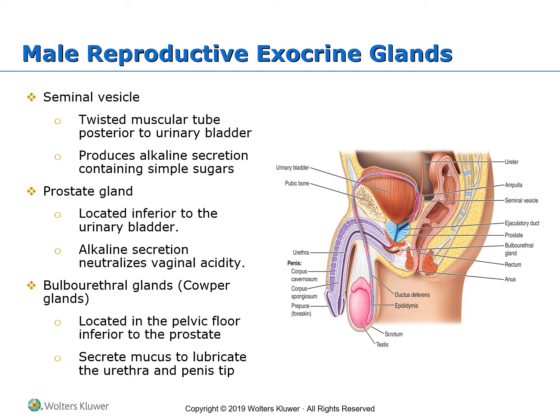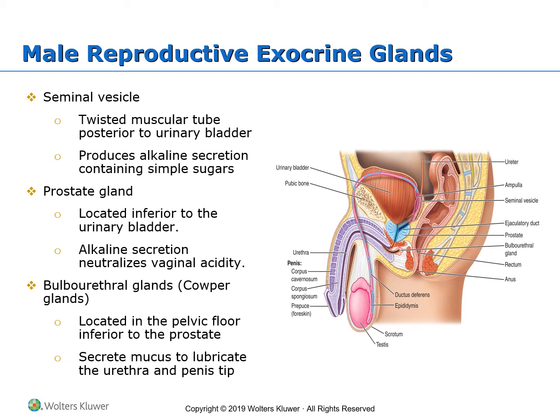This secretion is thin and alkaline and will neutralize the vaginal and also the urethral acidity and will enhance the spermatozoa motility. The prostate gland also has some muscular tissue that will contract to aid in the expulsion of the semen from the body when needed.